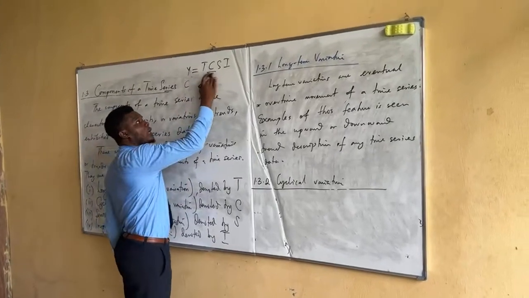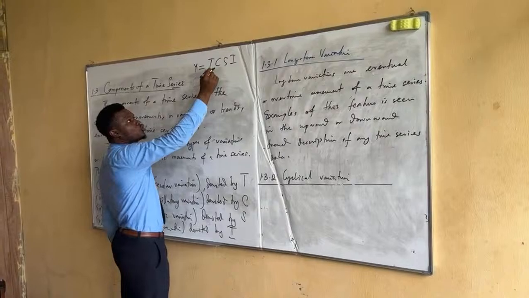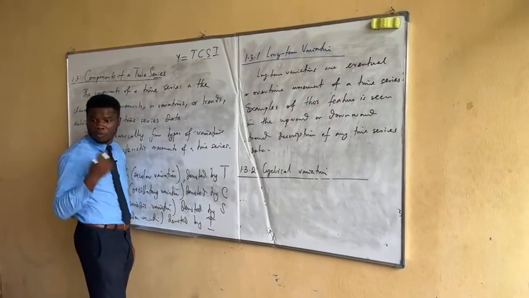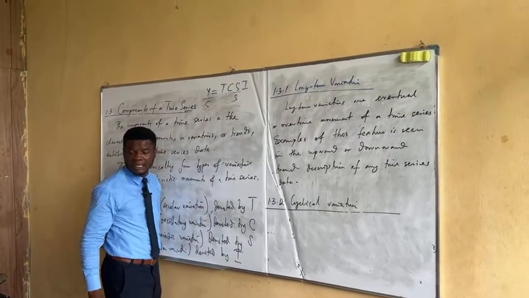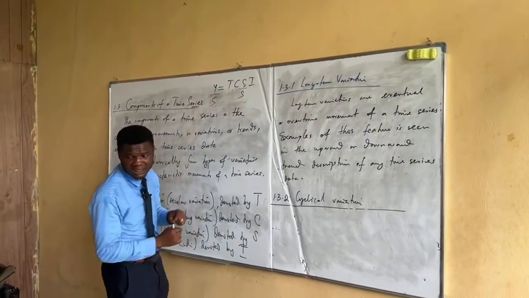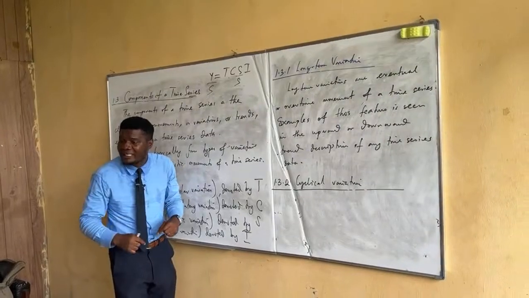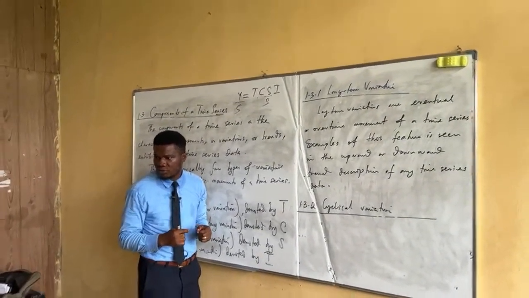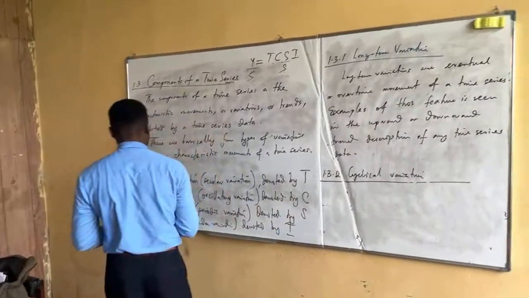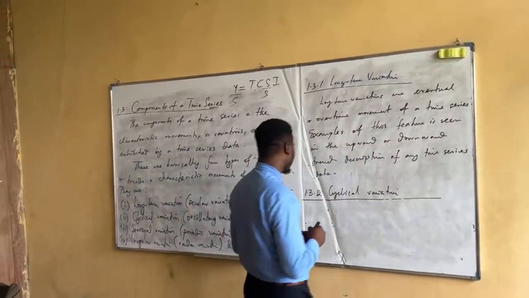So if I don't want to eliminate the cyclical component, but I choose to eliminate the seasonal component, what would I do? I will divide through by S. Do you see it? That process is a part of time series, and it is called a smoothing process. Am I understood? Yes. So let's go to the cyclical variation.